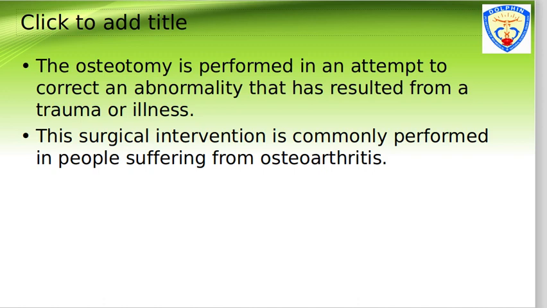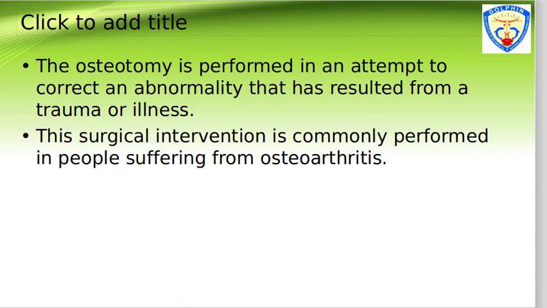Most of the time it happens that after a traumatic condition like a fracture, there may be a misalignment which can lead to a deformity in the patient, and this can all be corrected by the osteotomy procedure.